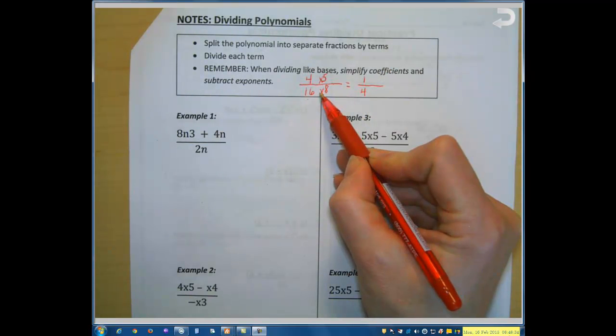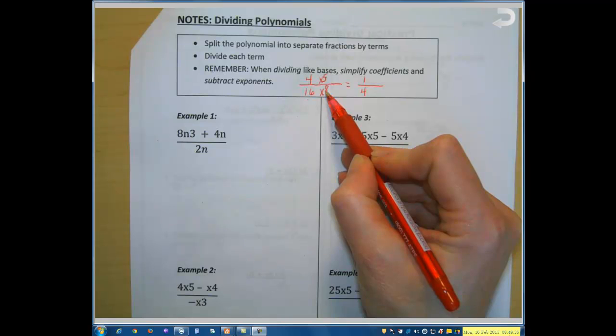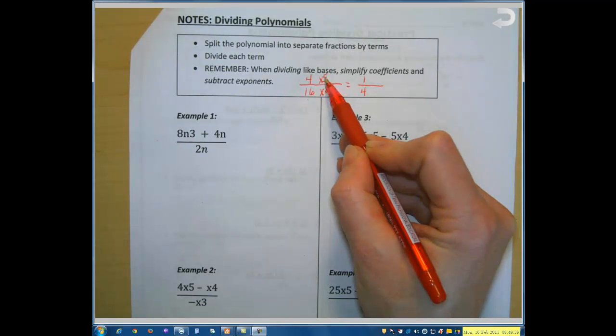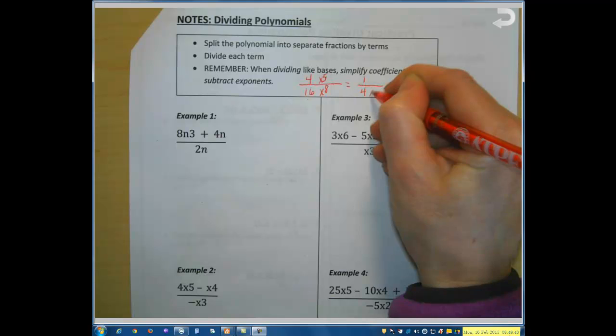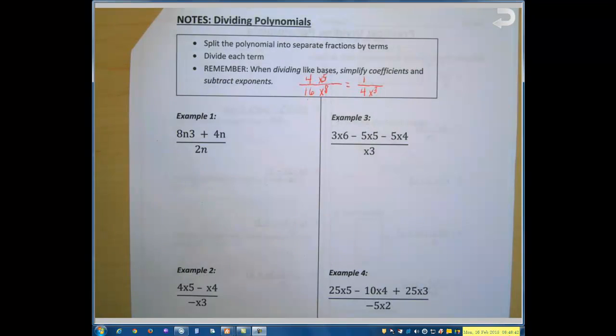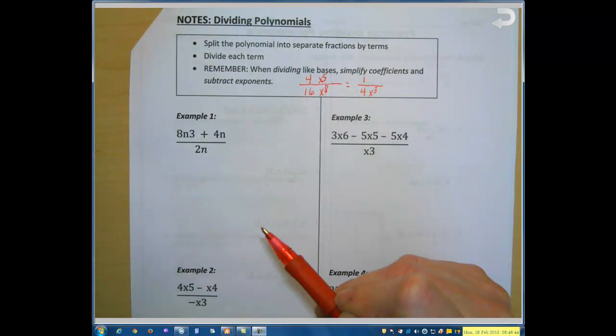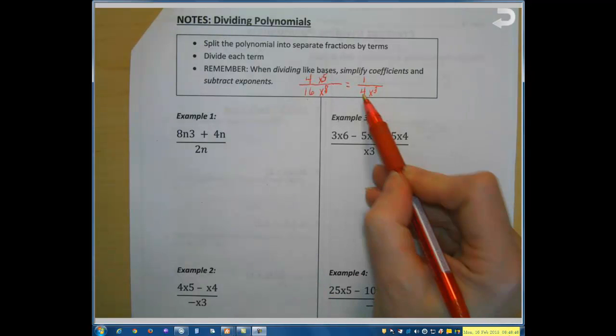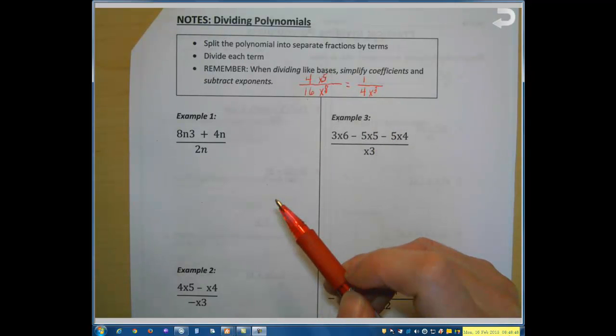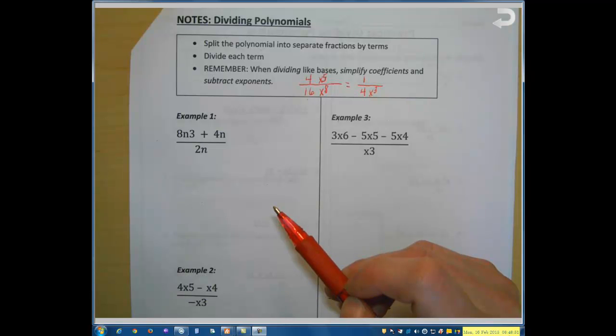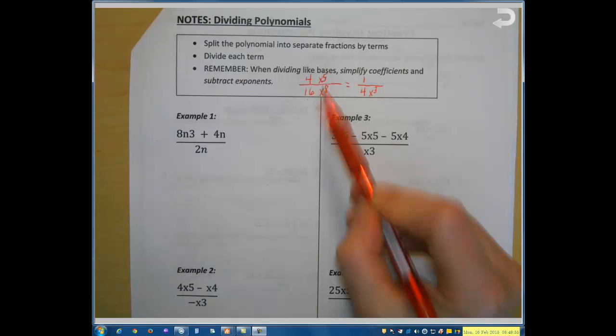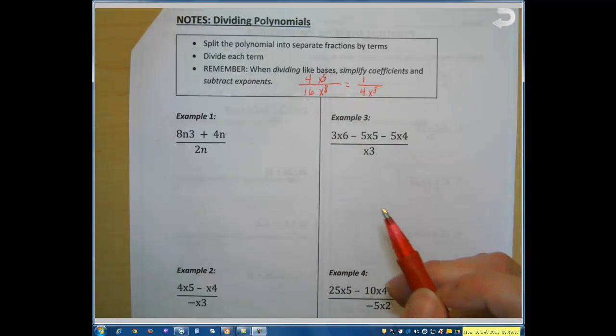Now we are going to subtract the exponents on the like bases. 8 minus 5 is 3, and we're going to put our answer in the bottom of the fraction because there are more x's on the bottom. So our answer is 1 over 4x to the third. So that's just a review of how to divide when you're working with monomials.